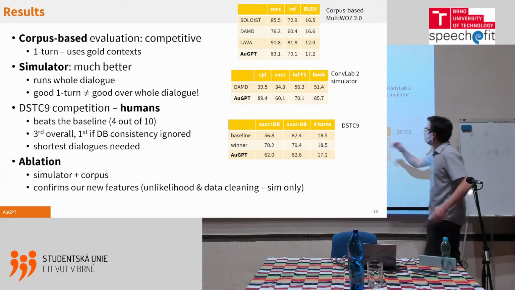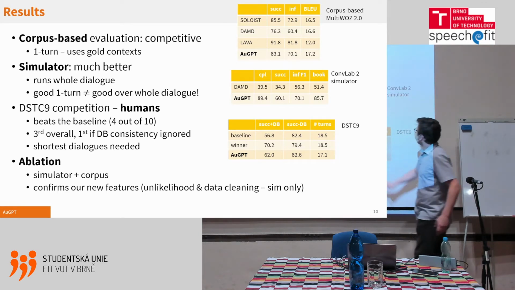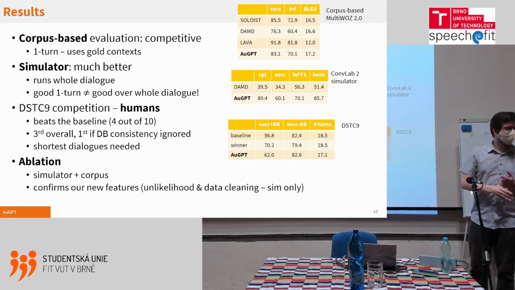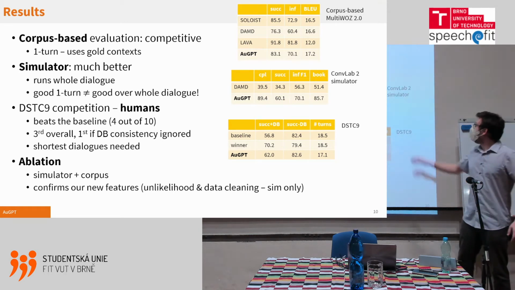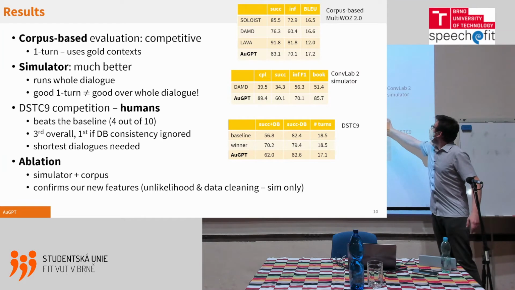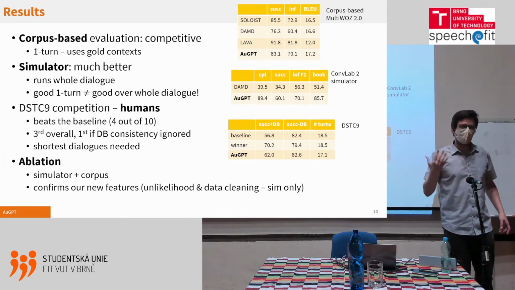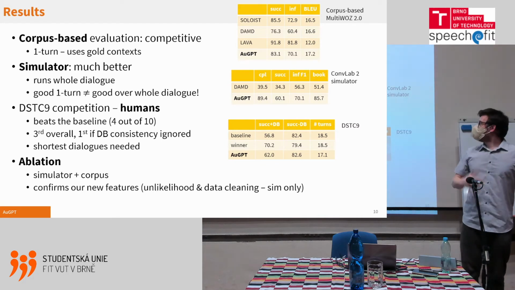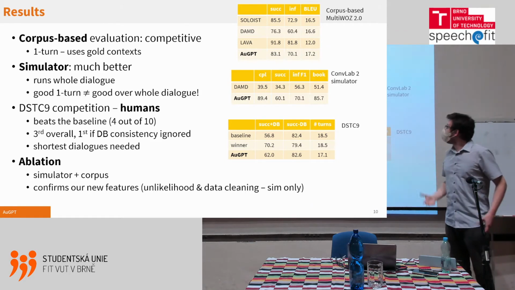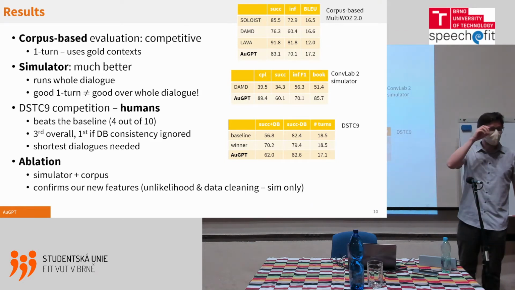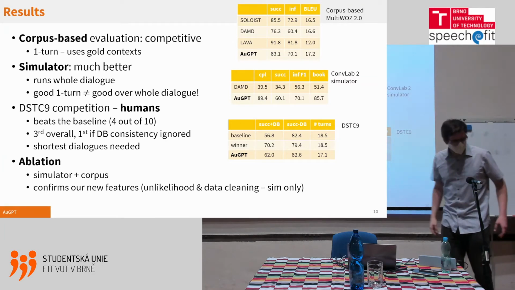This is about the different slots, so it's like an F measure over slots that you're providing. And this is the book rate, which is if the user asked you to book a restaurant or a hotel, how often the booking actually was successful, or the booking was correct. So those are the evaluation metrics here.